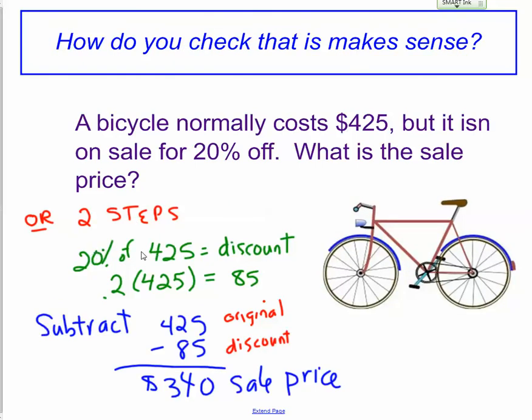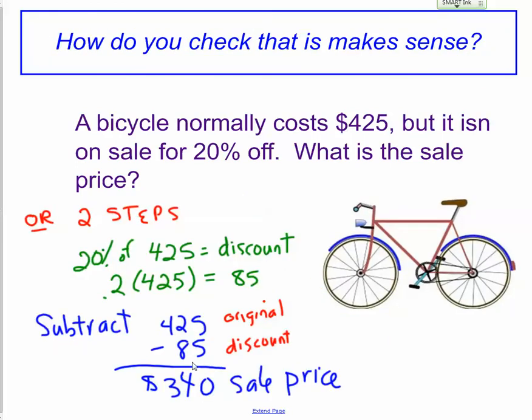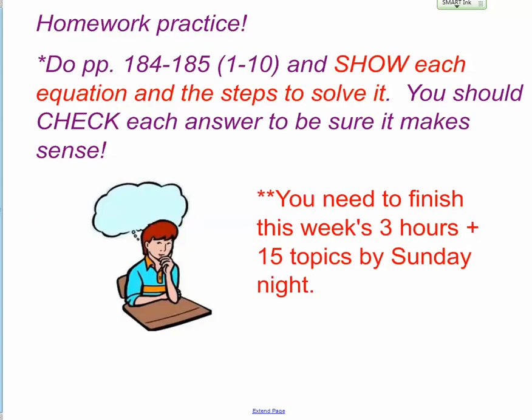You can find the discount by multiplying 0.2 times 425 and getting $85, and then you can subtract the discount from the original price and you get the sale price. Notice this is the same thing as this. So the 80% of 425 gets you there faster because you don't have to subtract the discount. But either way will get you the right answer.